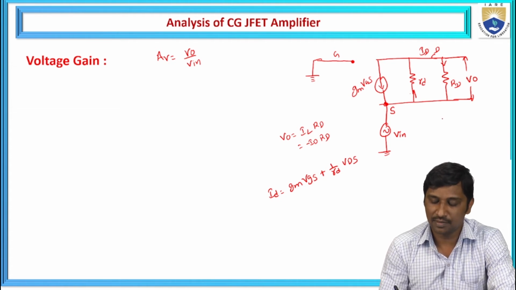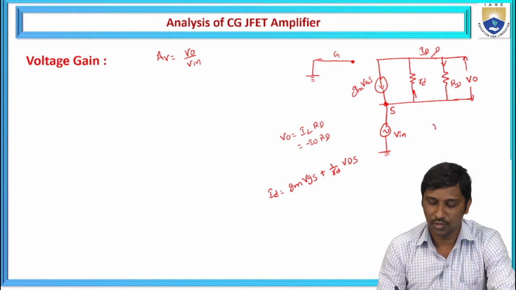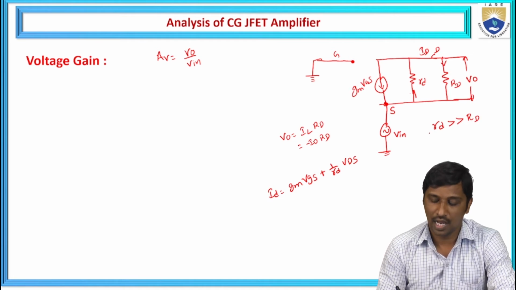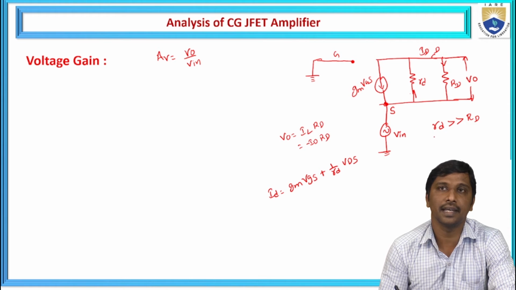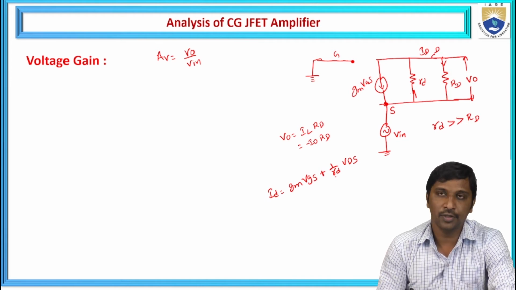We make this assumption: if you want to allow the maximum current through only the output impedance, your internal drain resistance must be much greater than your external load resistance, capital RD. Under this condition, the current always flows through the lower impedance path, so we take the maximum current according to this assumption.